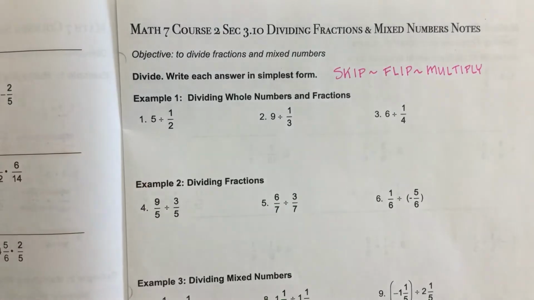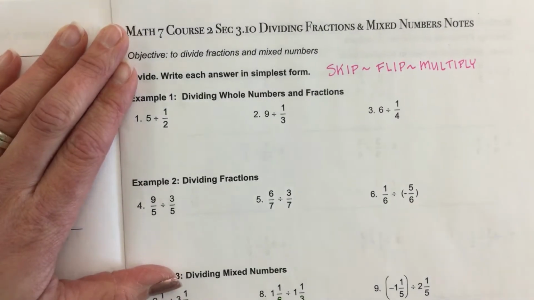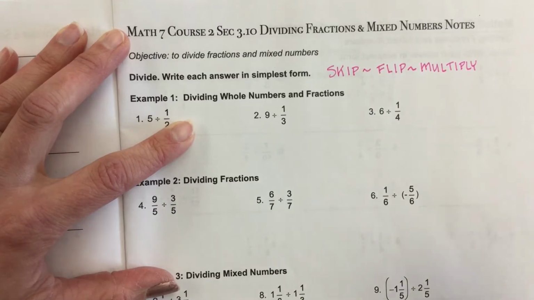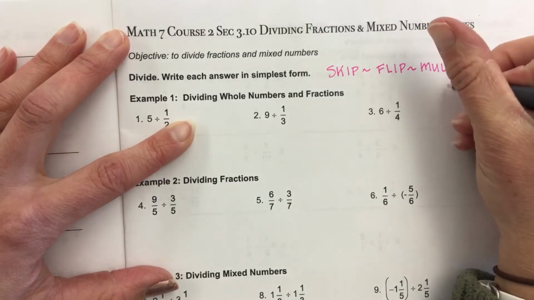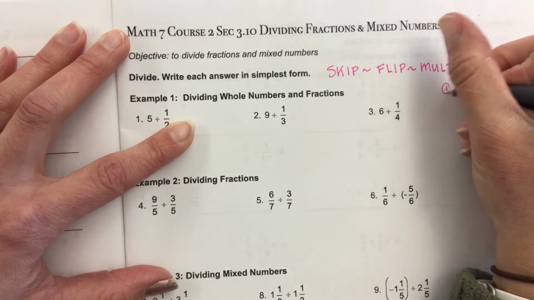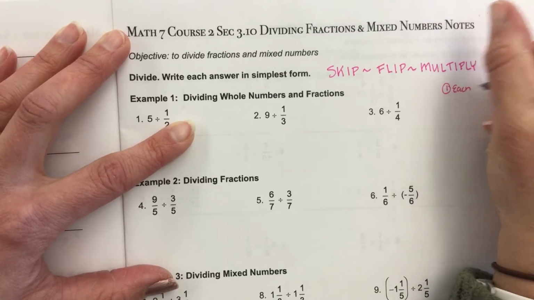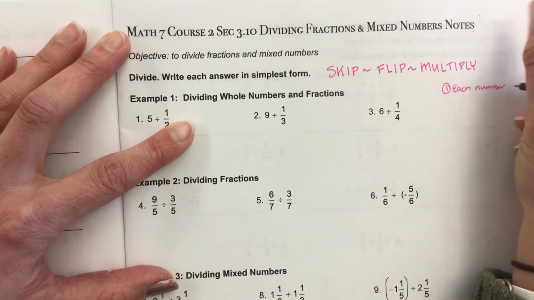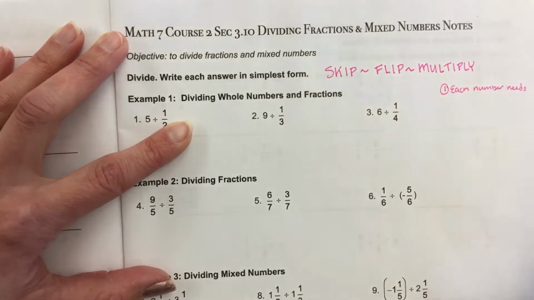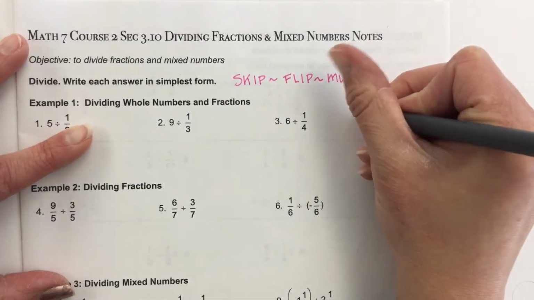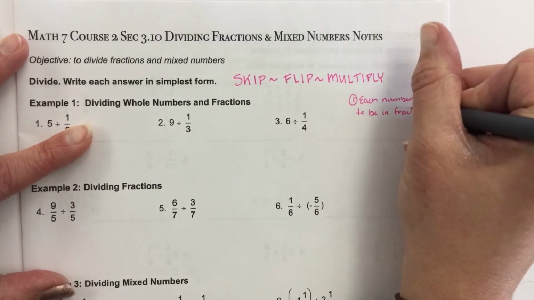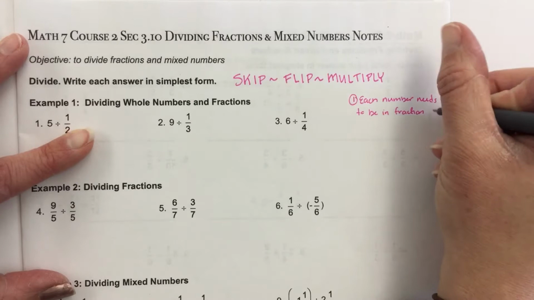Okay, so in order to divide fractions, there's a couple of rules, and the first thing is that each number needs to be in fraction form.